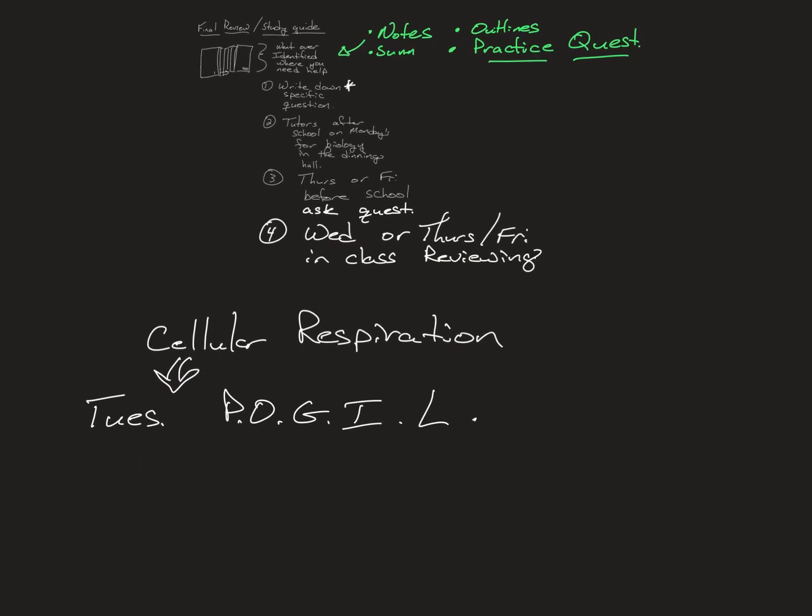And remember, the answers are in it. Most of the answers are pretty step-by-step. They take you through the process of cellular respiration, which we will have covered today, which is Monday.